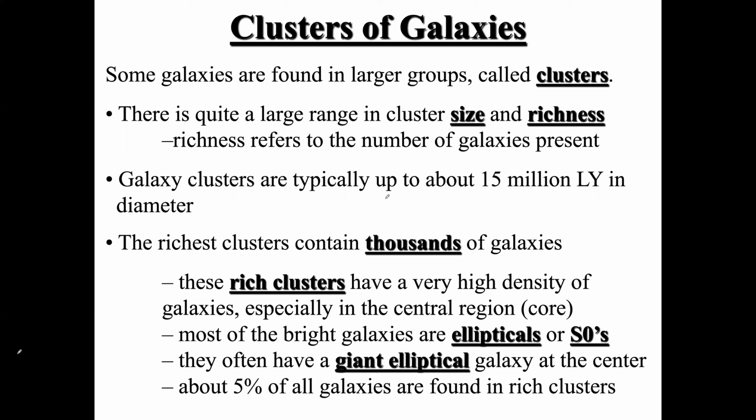They have a very high density of galaxies at the central region, and most of the bright galaxies inside the galaxy cluster are ellipticals, or S0 type galaxies, right? And there is one nice thing about these galaxy clusters.